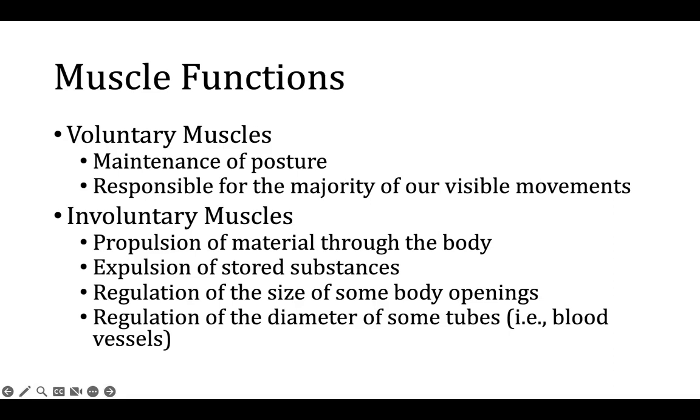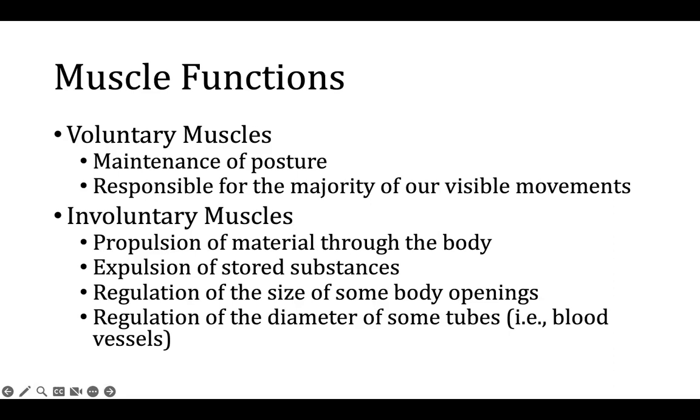But we also have some involuntary muscles, and those help with things like digestion, expulsion of different substances, whether that be coughing or however we expel a substance from our body, the regulation of the size of body openings, and the regulation of the diameter of some of the tubes, like blood vessels, dilation, vasodilation, that sort of thing that we don't really think about, but it is happening naturally in our body.